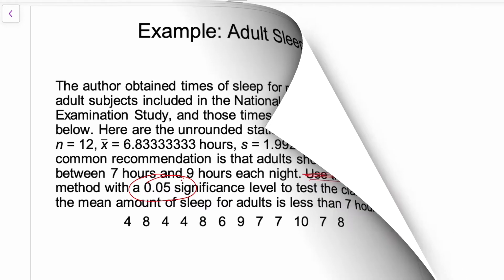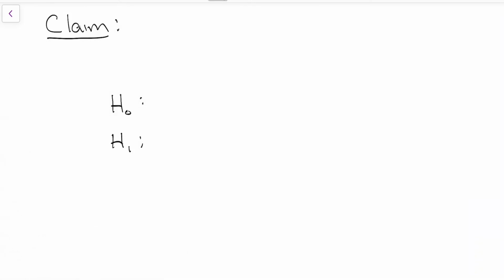So let's get to it. Our claim is that the mean amount of hours of adult sleep is less than 7 hours. So again, our original claim is the mean is less than 7. What we want to do is take our claim of the mean being less than 7 and convert it to its opposite, which is the mean being greater than or equal to 7.